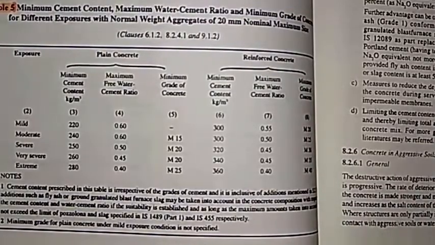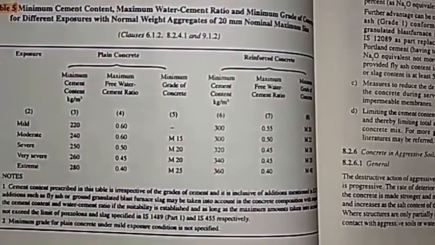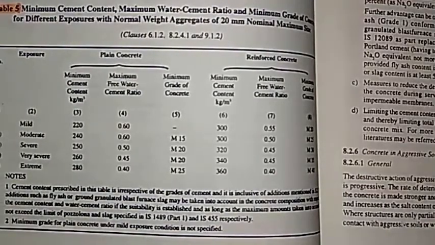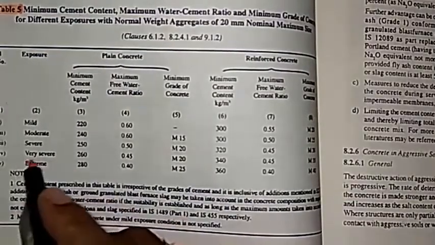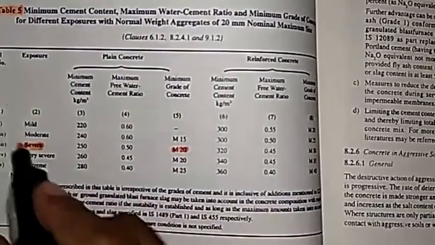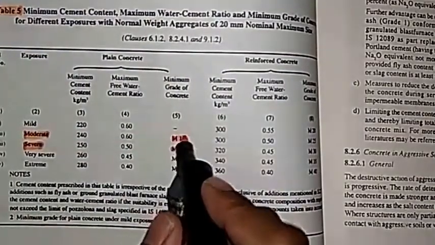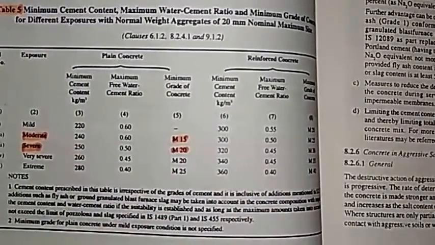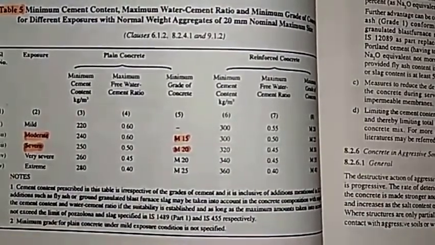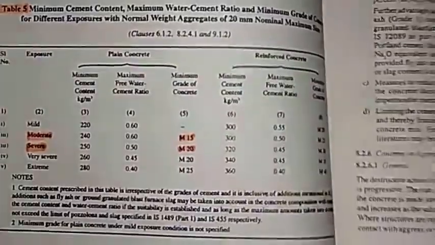Basically the minimum grade of the concrete for the severe exposure condition is M20, while for the moderate exposure condition it is M15, right? So we'll be going with the M20 grade of the concrete.